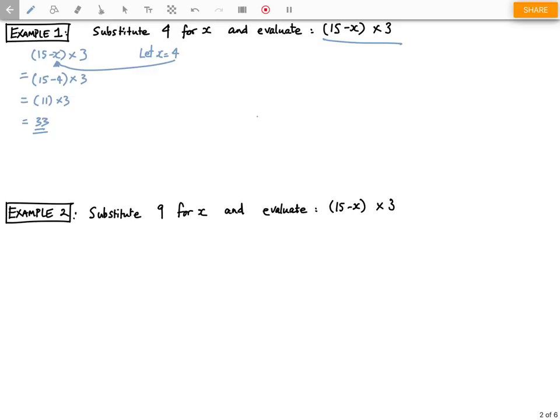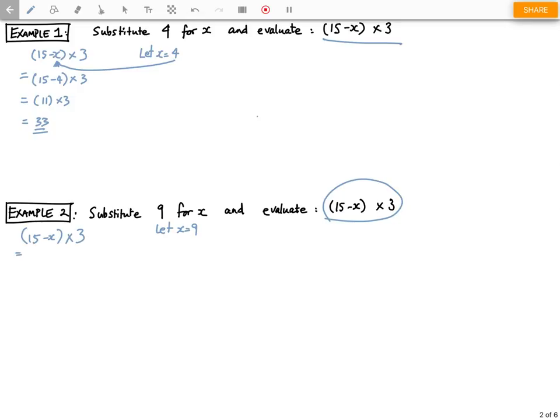Now let's go over problem number 2. What if we substitute 9 for x? So let x equals 9 and evaluate this expression, parentheses 15 minus x close parentheses times 3. Well, let's start out by writing the expression: 15 minus x, parentheses close parentheses times 3.